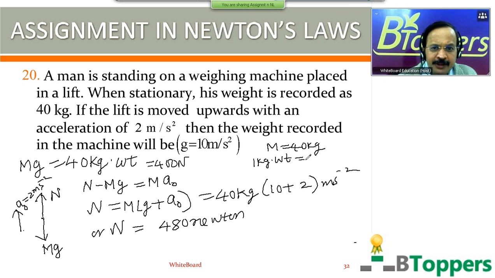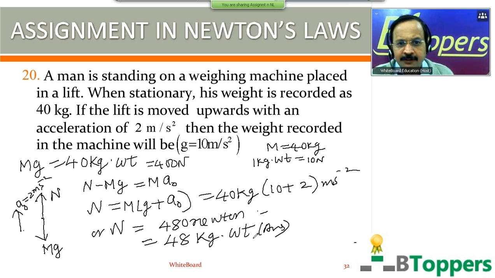If g is given as 10 meter per second square, 1 kg weight you can write as 10 newtons. So this can be written as 48 kg weight. The apparent weight of the body is the same as the magnitude of the normal reaction force on the body by the floor of the lift. So the apparent weight of the body will be 48 kg weight.